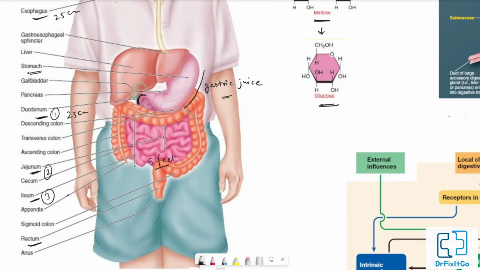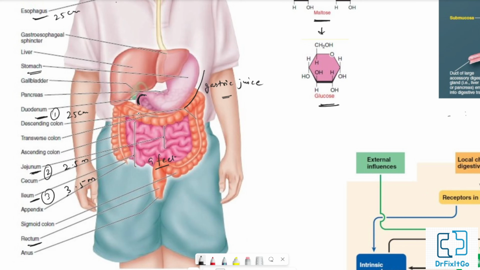The remainder of the small intestine consists of the jejunum, which is about 2.5 meters long, and the ileum, which is about 3.5 meters long. Biliary and pancreatic secretions are poured into the duodenum.